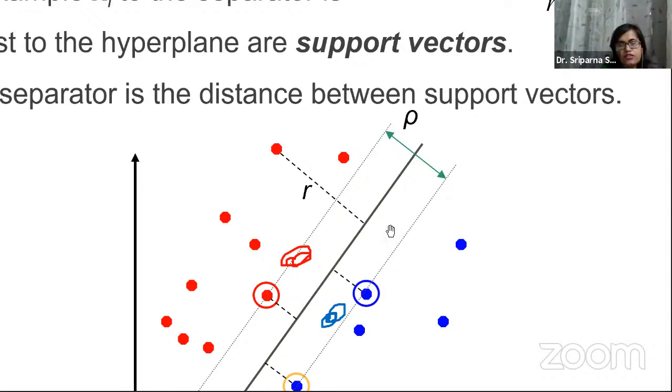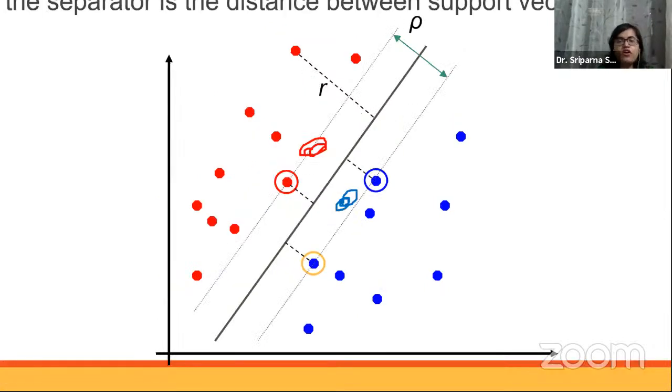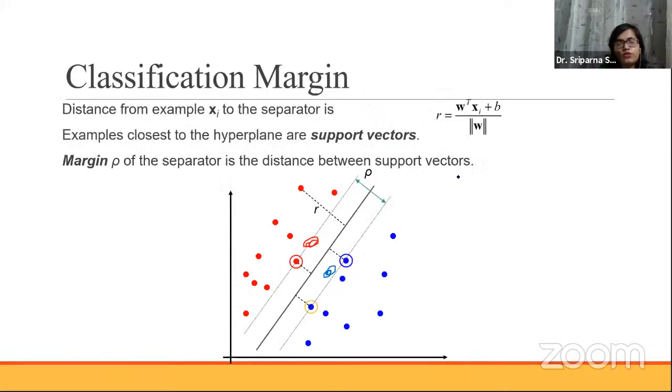Here also the data points are on the right side of the hyperplane, so proper classification will be done. So if there are little changes in the data points, and you have the maximum margin, proper classification can be obtained. So the hyperplane for which you can get the maximum margin will be our chosen hyperplane.